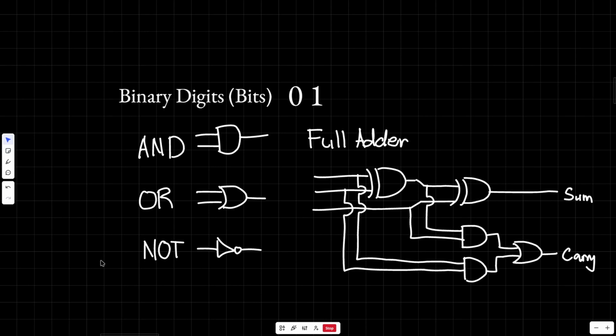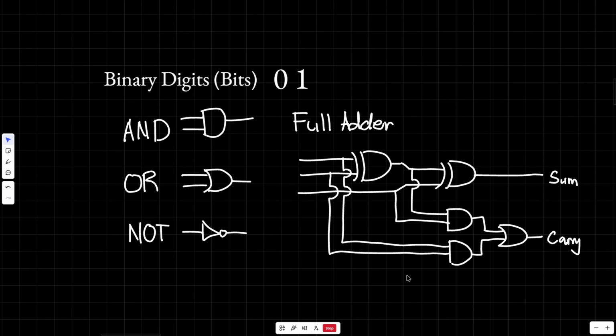By combining circuits together, we can create all sorts of computational devices that can process mathematical operations, such as this full adder right here. So we can do addition, multiplication, division, and exponentiation on a classical computer.